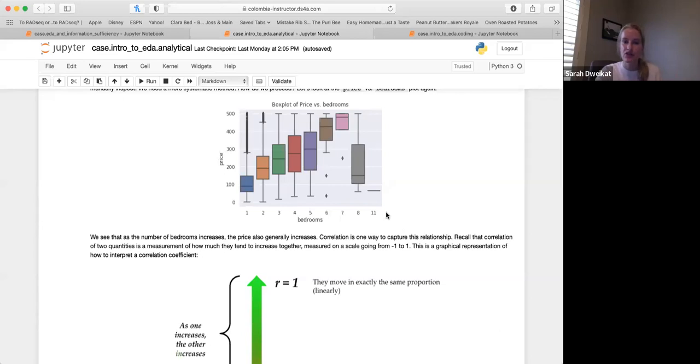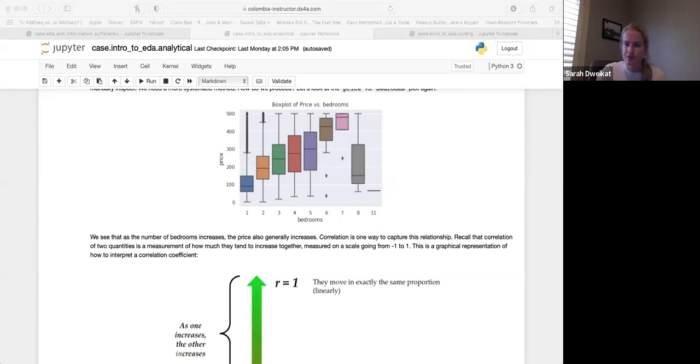If we found a strong positive correlation, that does not mean that it's causative. It just means that there is a relationship between them, okay? So there is this potential that they affect each other. But as we'll also talk about, it's not necessarily causation. There can be other variables that influence these as well.